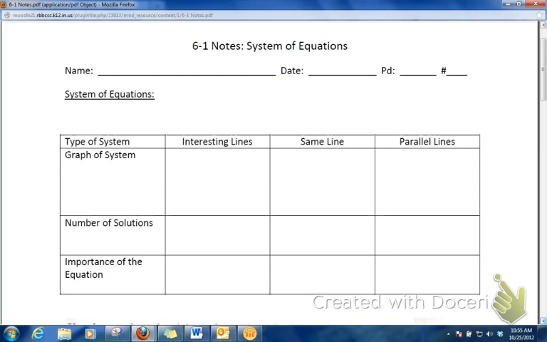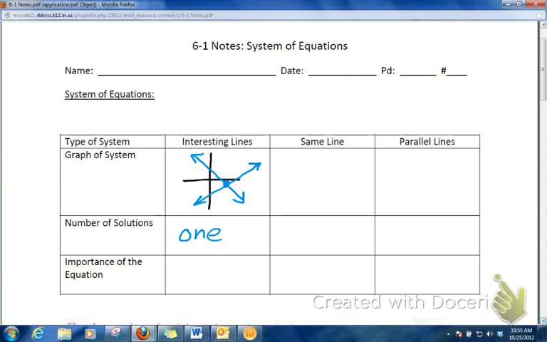one thing that can happen when you are graphing a system of equations is that you could have intersecting lines. You have your coordinate plane here, and you have two lines graphed on it, and these two lines intersect at one point, which means that your number of solutions is 1.